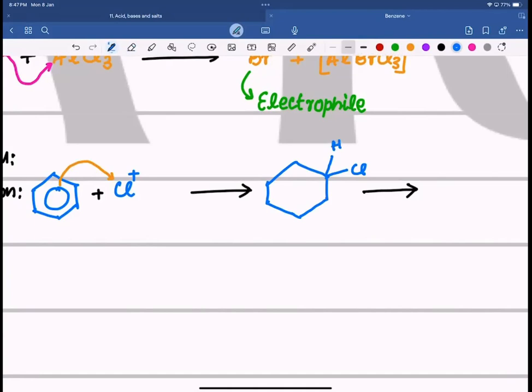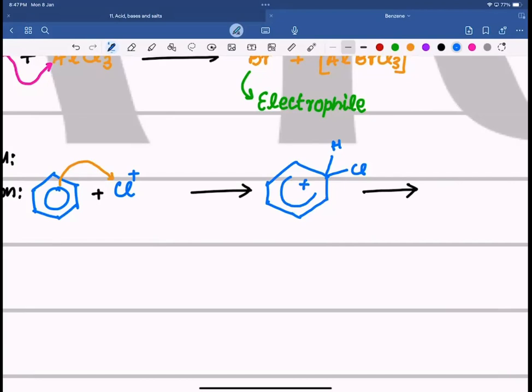As chlorine is positively charged, both the electrons are provided by the pi system. The pi system initially has 6 electrons. Out of these 6, 2 electrons are transferred towards chlorine. So now the pi system is not intact anymore, and that's why we show the partial circle and a positive charge over here.